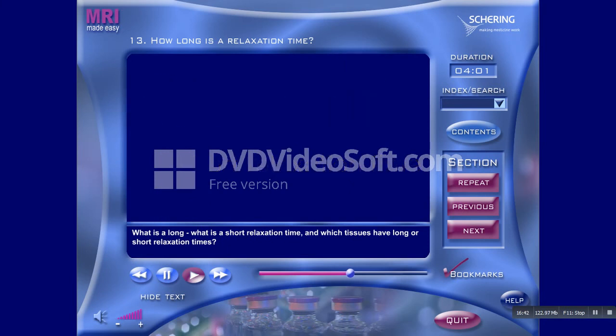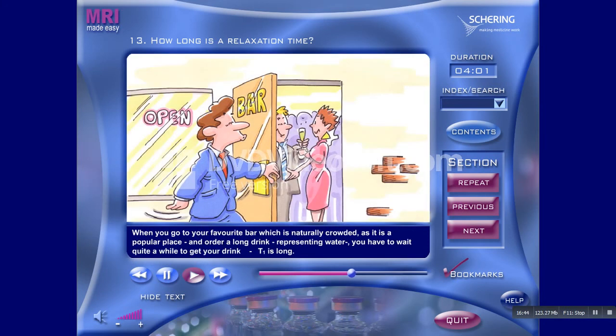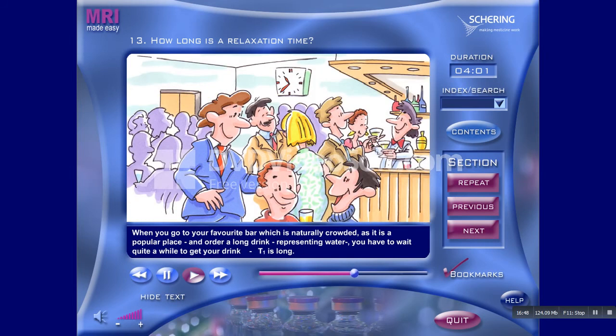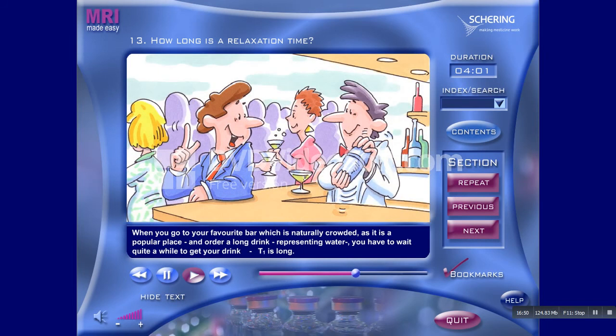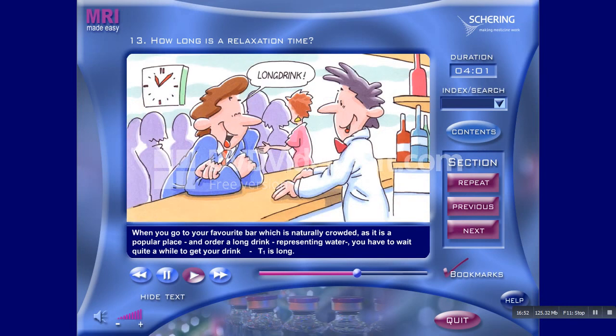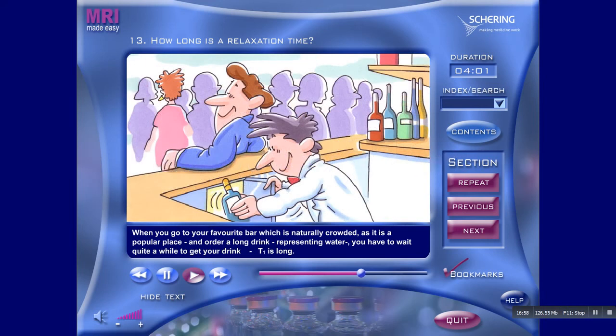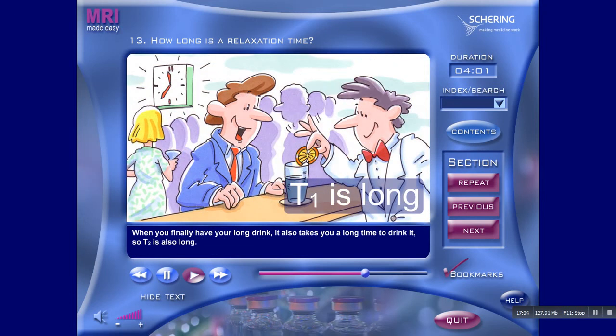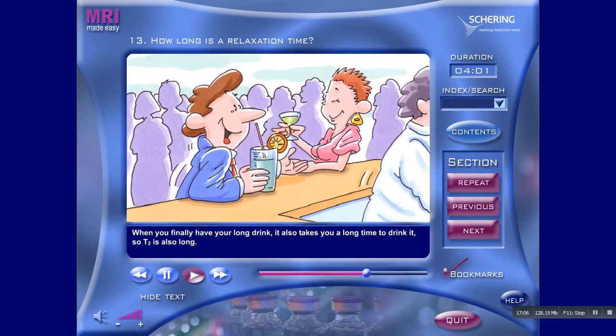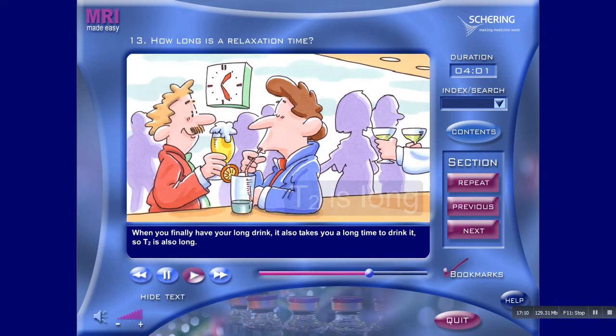When you go to your favorite bar, which is naturally crowded, as it's a popular place, and order a long drink representing water, you have to wait quite a while to get your drink. T1 is long. When you finally have your long drink, it also takes you a long time to drink it. So, T2 is also long.